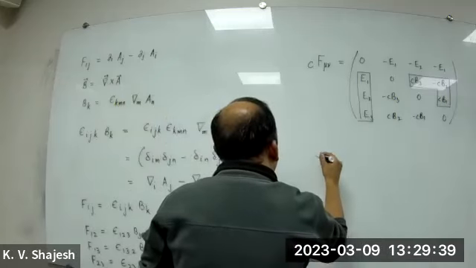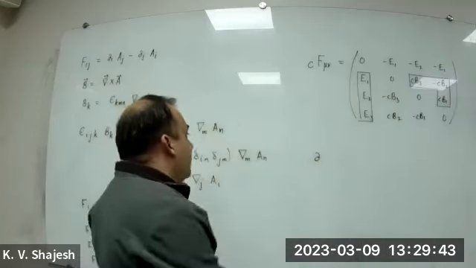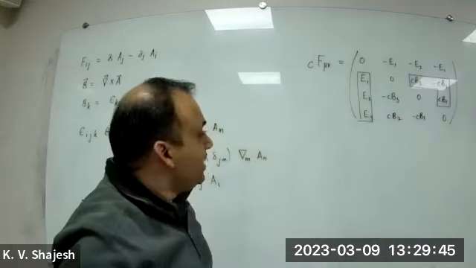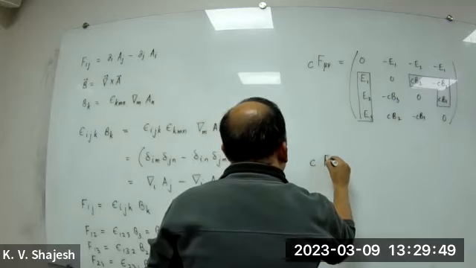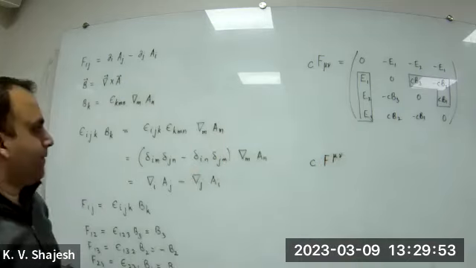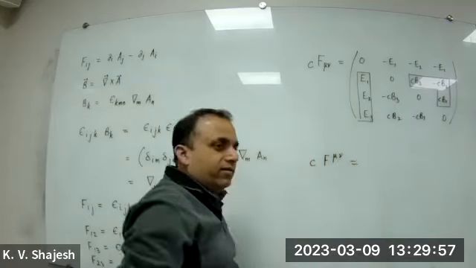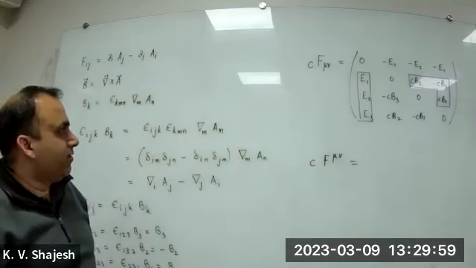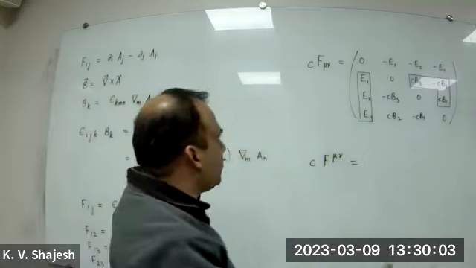Before that actually, what will be F mu nu with the index moved? Which signs will change?